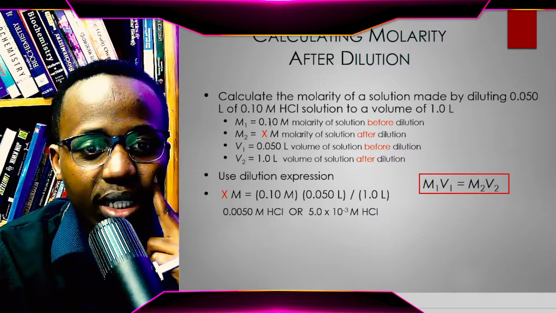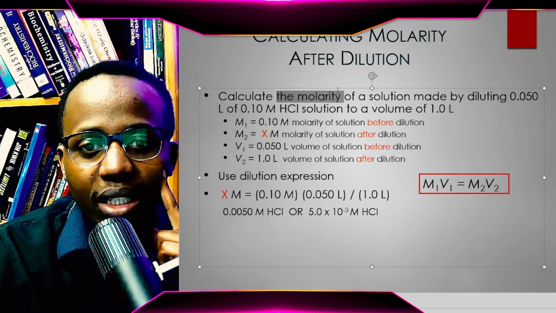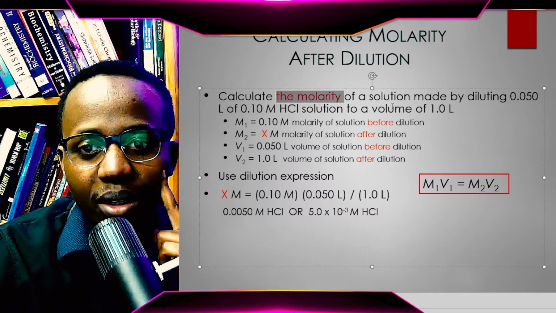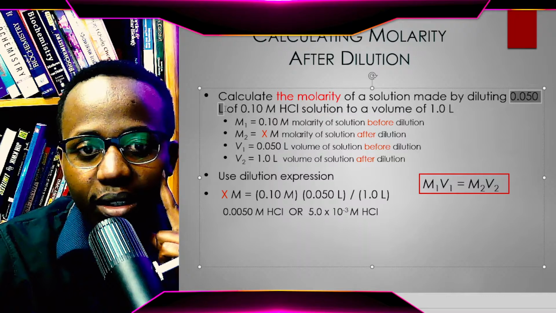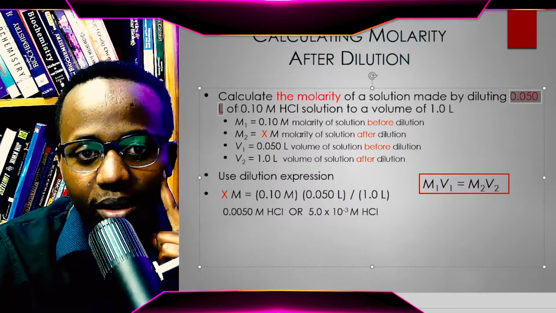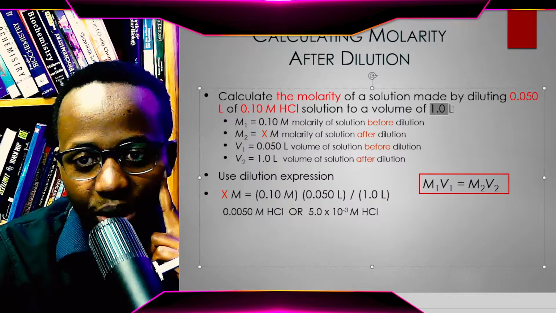So let's look at an example here. Calculate the molarity of a solution made by diluting this volume of a solution at this concentration to a volume of 1 liter.